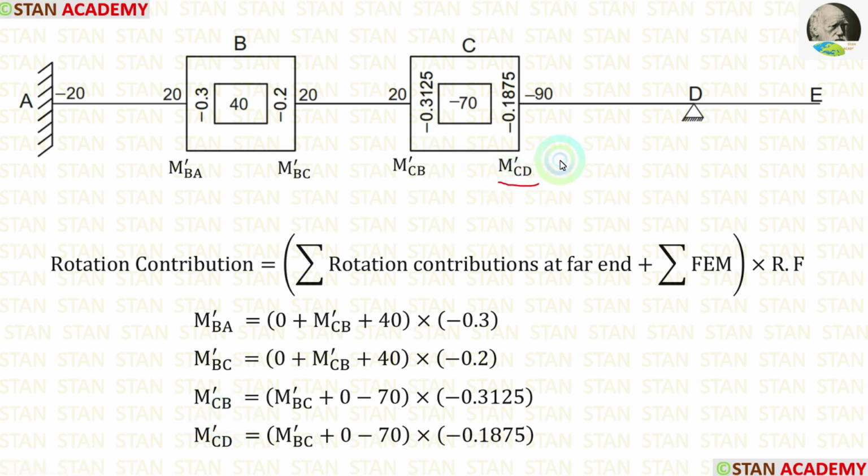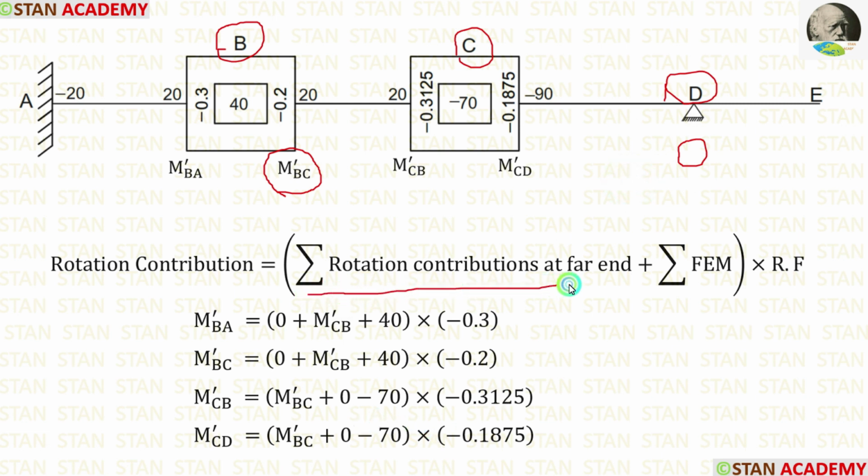Now, let us see how to calculate M-CD. M-CD is located in the point C. For the point C, the far ends are the point B and the point D. From the point B, we have to select M-BC and the rotation contribution in the point D is 0.